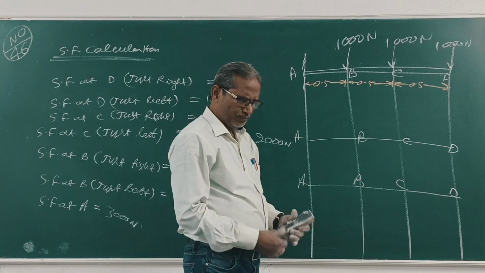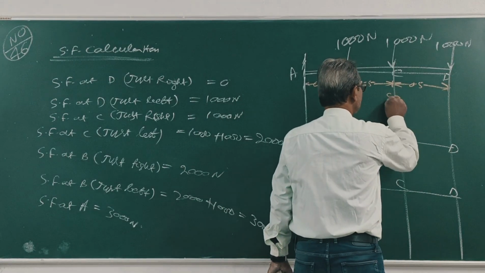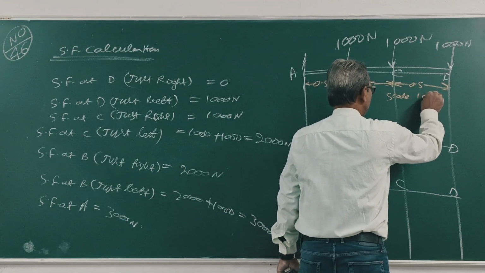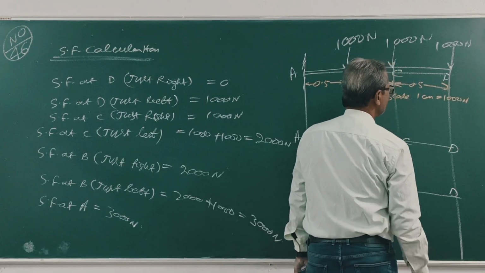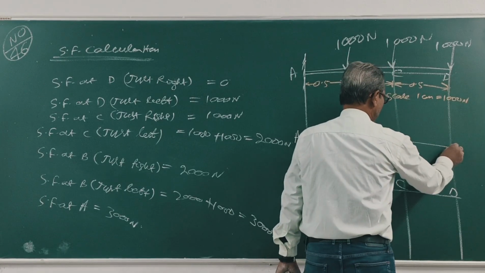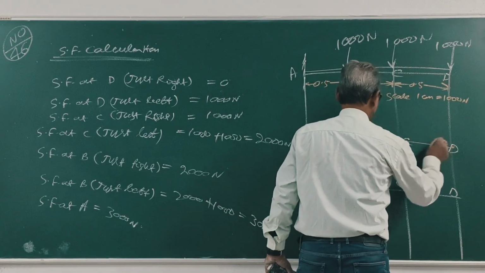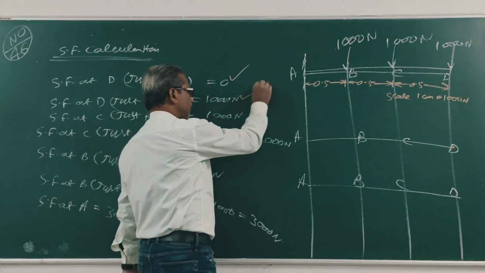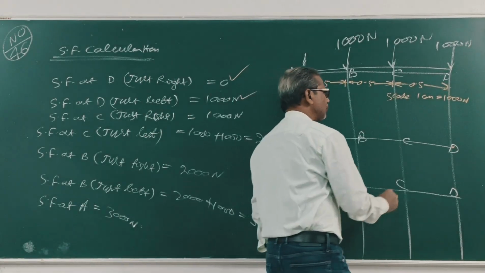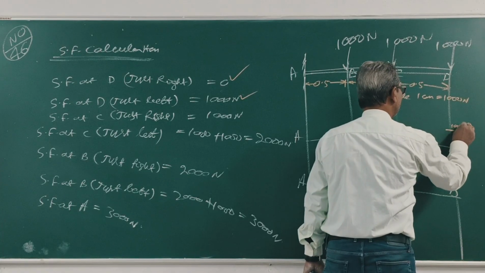Now draw the diagram. Scale: 1 cm is equal to 1000 Newton. Now at D just right 0. D just left 1000 Newton. So this is 1000 Newton.